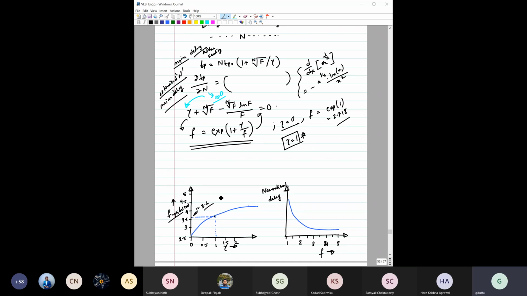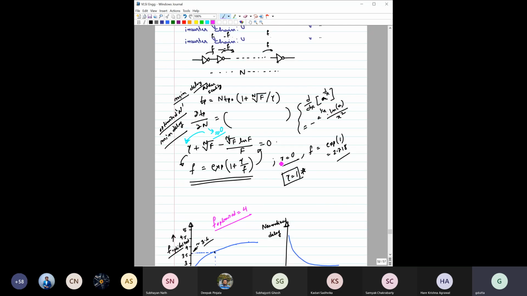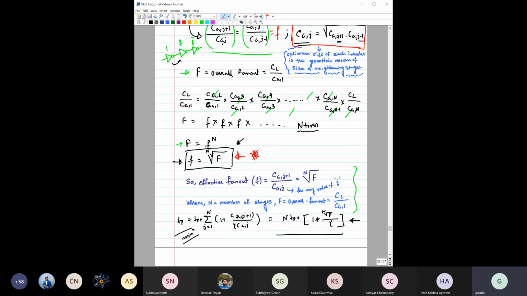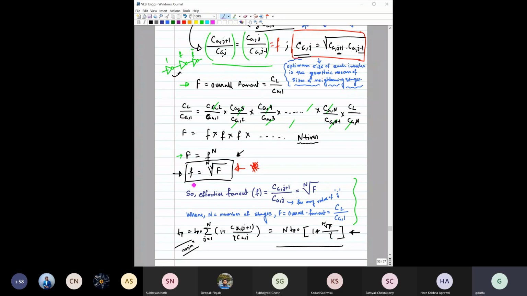Okay, so from this perspective, typically we will say f optimized equal to 4. So please try to understand what we are trying to do from here. This f is the effective fan out.